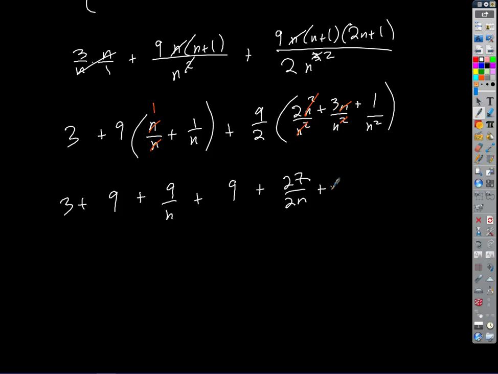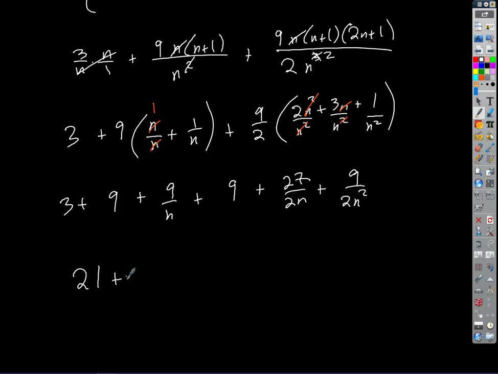Plus 9 over 2n squared. Okay, and then we could say 3 plus 9 is 21. Plus, what about here?